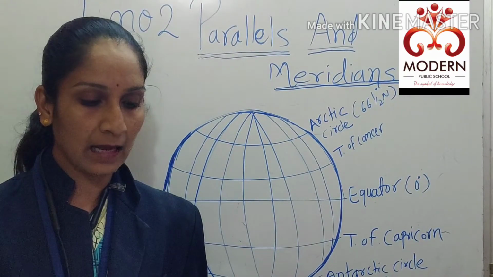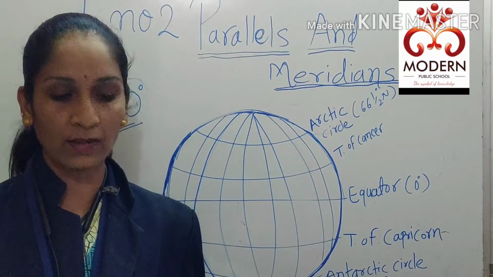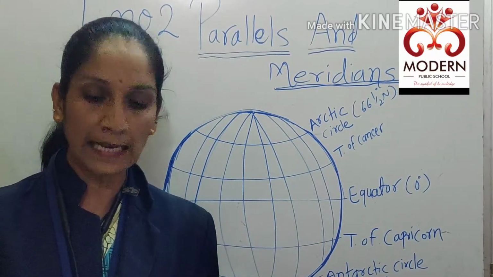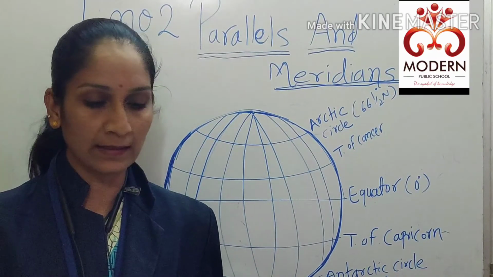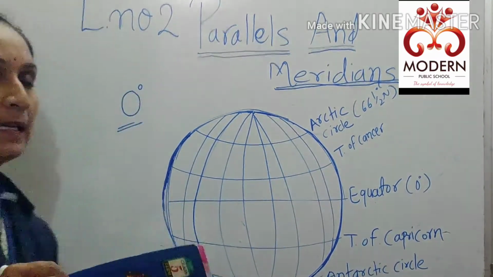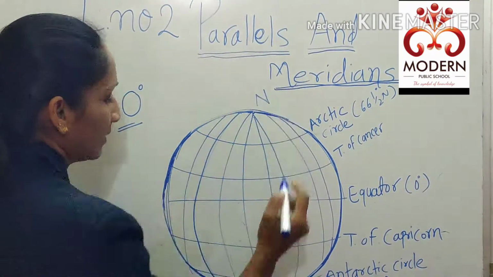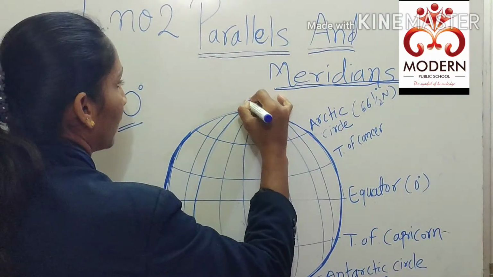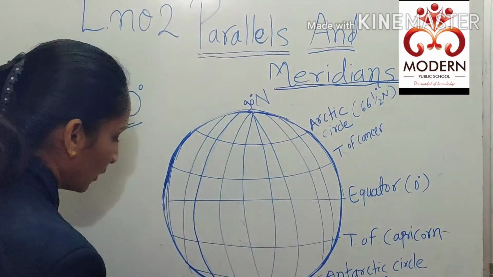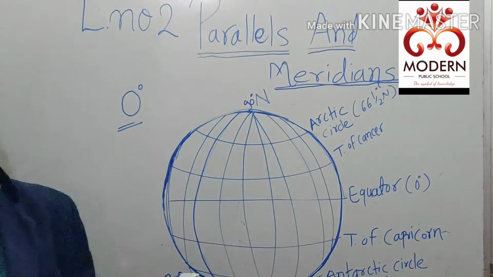The parallels are also marked north or south according to their location, apart from their values. The North Pole is written as 90 degrees north and the South Pole as 90 degrees south.